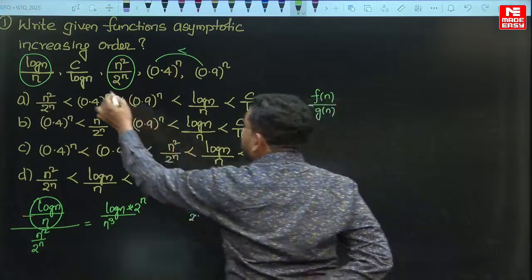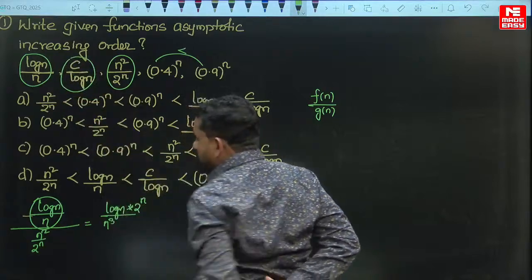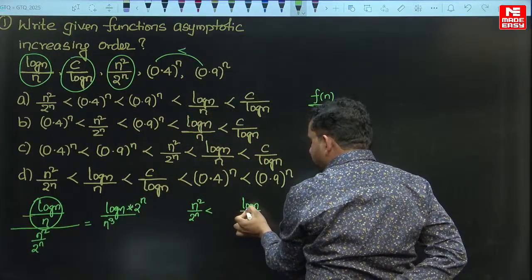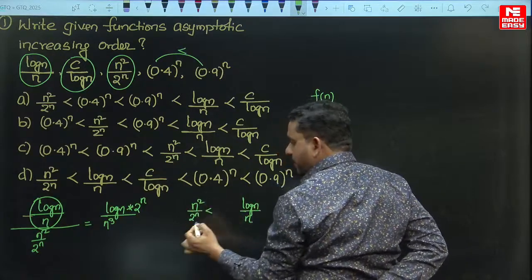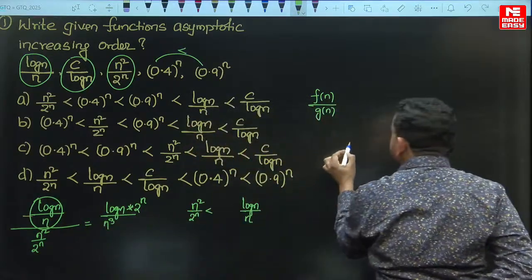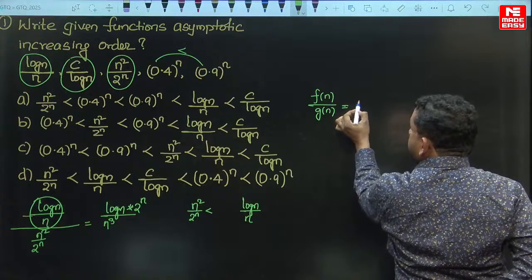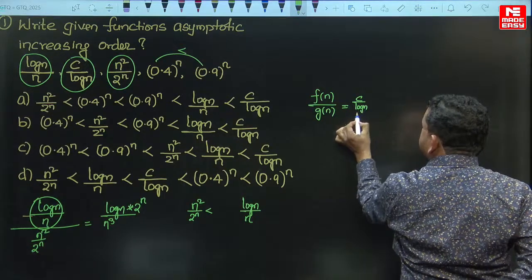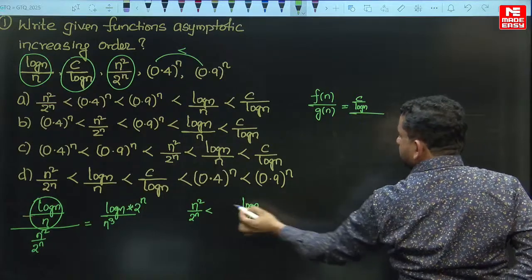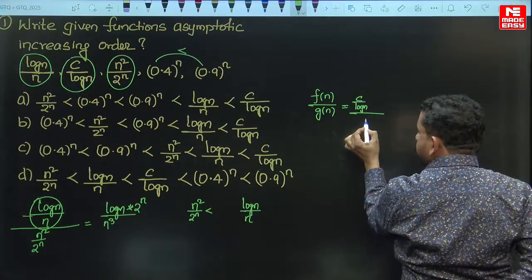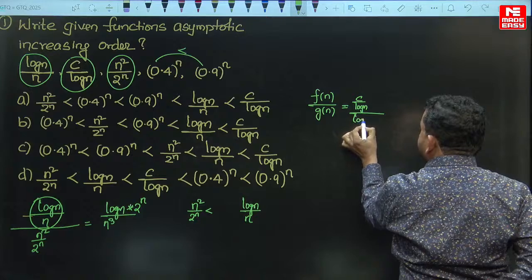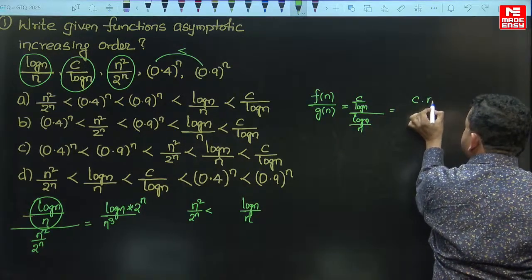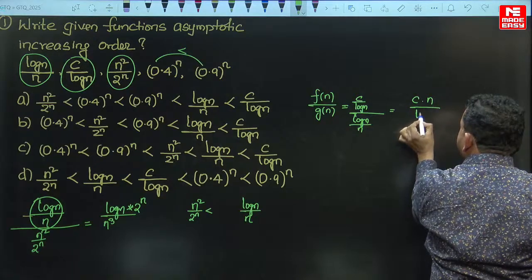Log n by n, then constant by log n is there. If we compare, assume f of n is c by log n, constant by log n, and g of n is log n by n, then this becomes c multiplied with n by log n whole square.